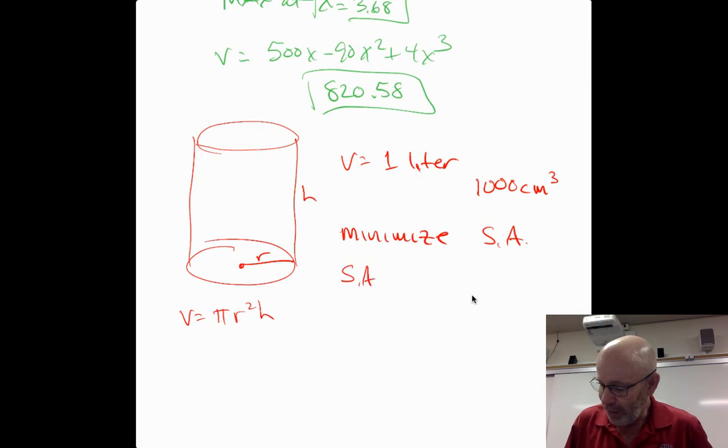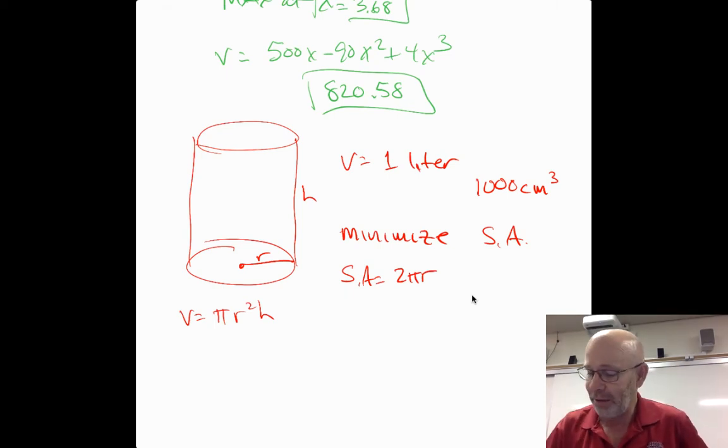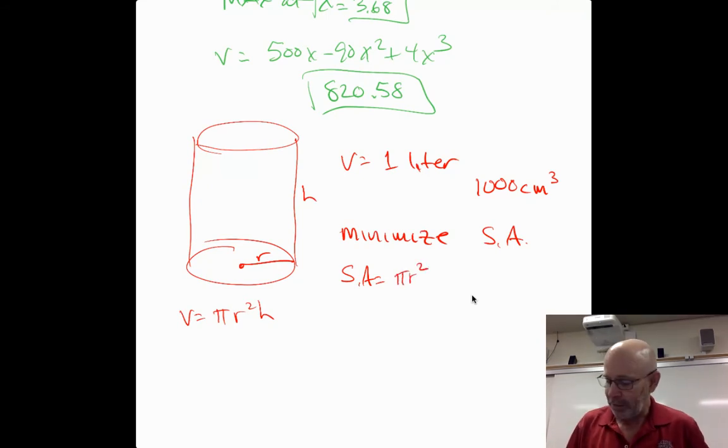We're trying to minimize the surface area. The surface area is around the sides, top and the bottom. So it's 2 pi r. No, let's try that again. That would have been really bad. The area of the bottom, which is pi r squared, but there's the top also, so there's 2 of those. And then you get what's called the lateral surface area.